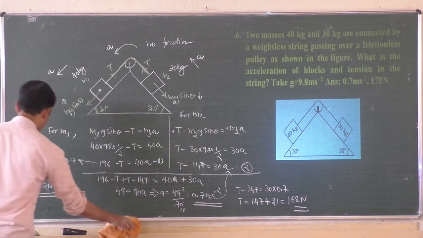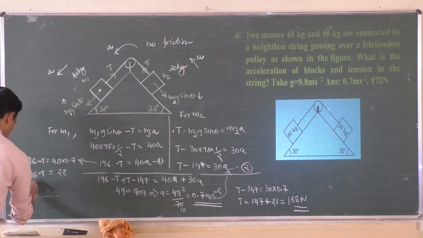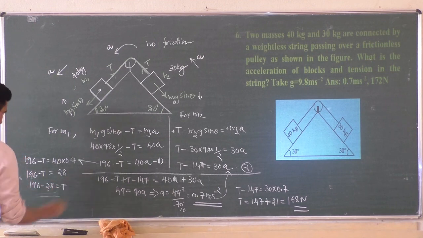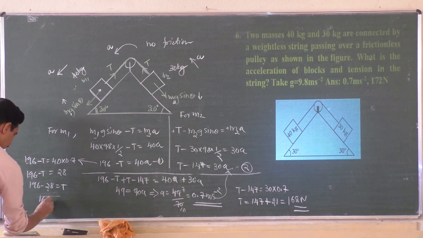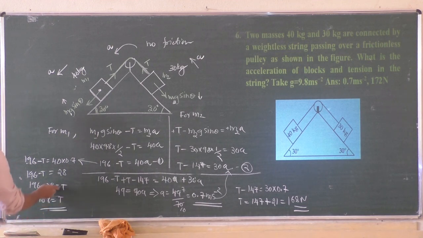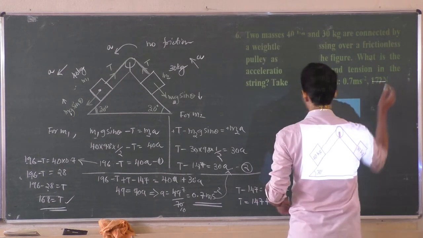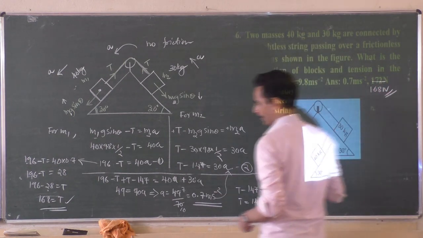So tension is equal to 196 minus 28, tension is the same, 168. Yes, right. This answer I got because I used G as 10, that's why. 168 Newton, correct.